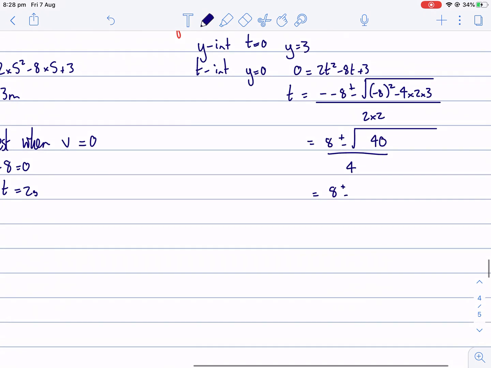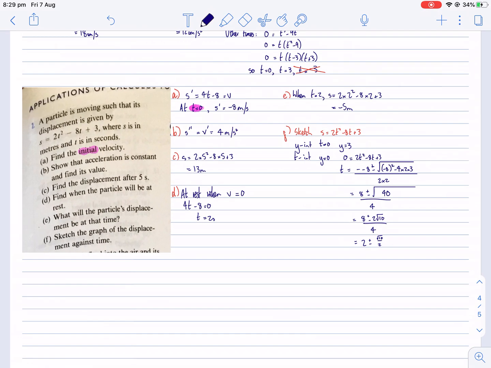Any nice numbers going to 40? 4 does. 2 root 10. I've got the feeling one of these is going to be a negative. Obviously not 2 plus root 10 over 2. No, they're both positive.